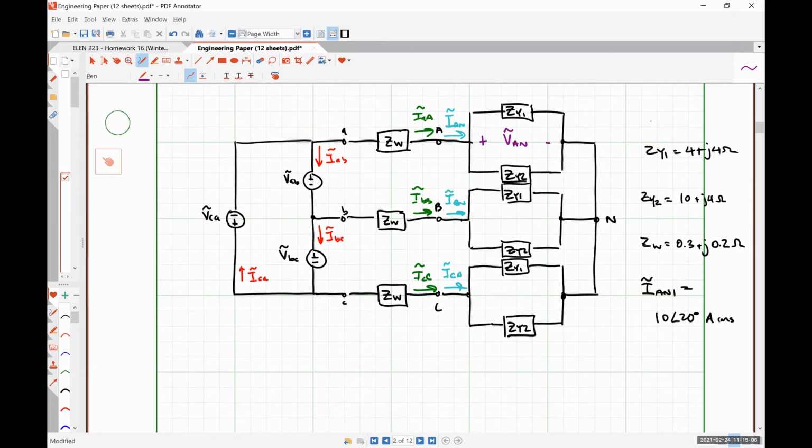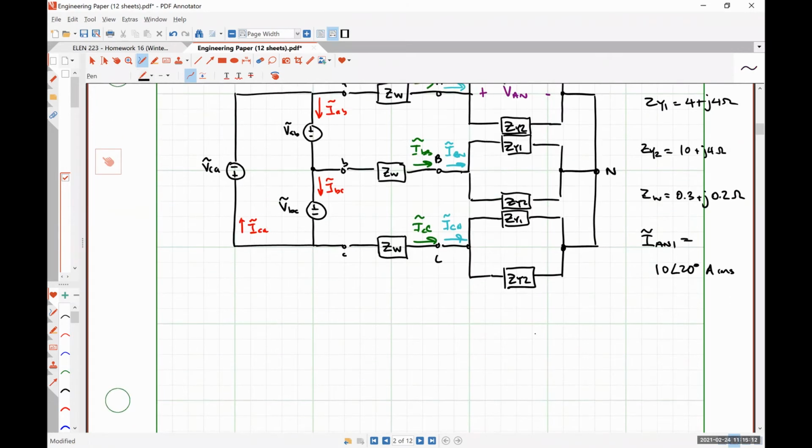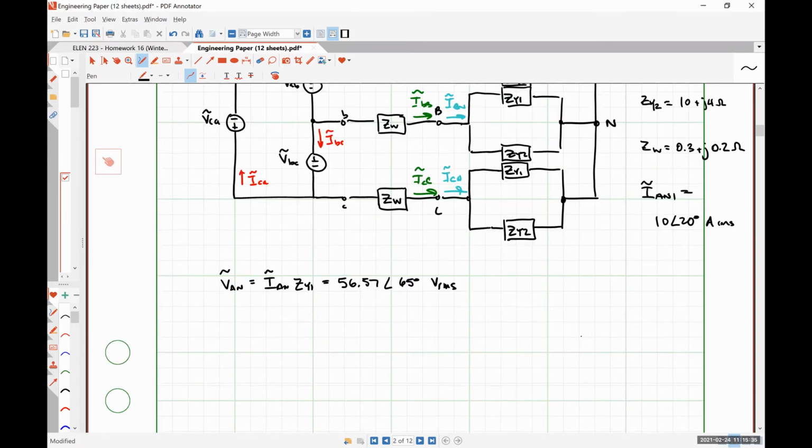So VAN is just going to be IAN1 times ZY1, 56.57 angle 65 volts RMS.